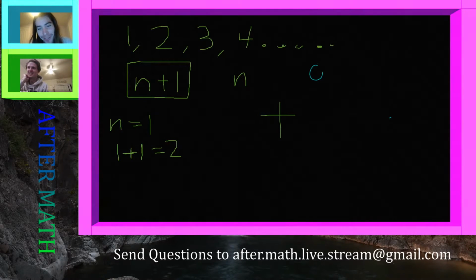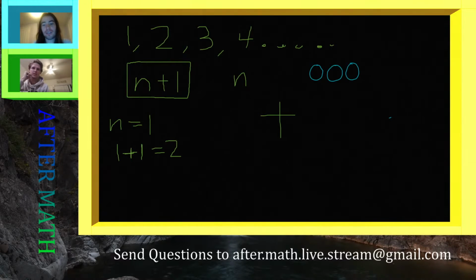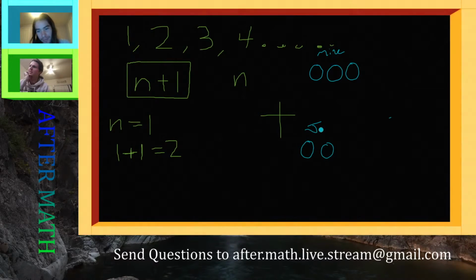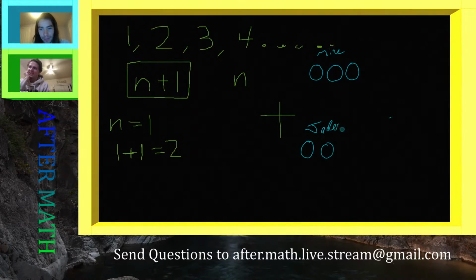Okay, so we've got 1, 2, 3, and these three circles are mine. Jaden's gonna have his circles. Jaden only gets 2 circles because he's not as cool as me.